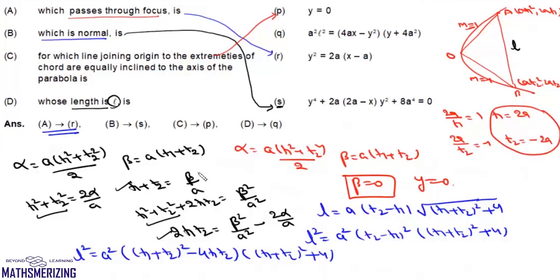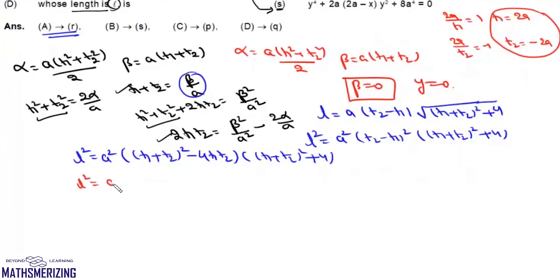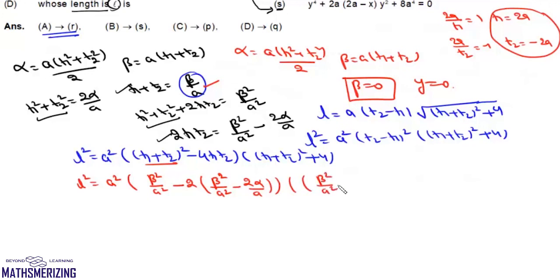t1 plus t2 is nothing but beta upon a. So we can write this equation as L square equals a square, and now t1 plus t2 will be beta upon a. So it will be beta square upon a square minus 4 t1 t2. Minus 4 t1 t2 will be minus 2 times (beta square upon a square minus 2 alpha upon a), and again here it will be beta square upon a square plus 4.